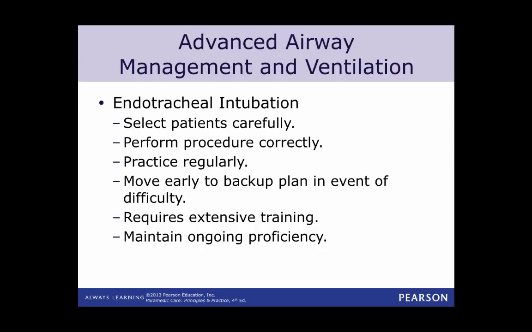Again, we've got to practice regularly. We've got to move early to a backup plan, right? So we need to pre-oxygenate, with one ventilation every 3 seconds with a bag valve mask, adjuncts, and a good head tilt chin lift, bag hooked up to 100% oxygen flowing at least 15 liters per minute. We want to get that going for a minute.